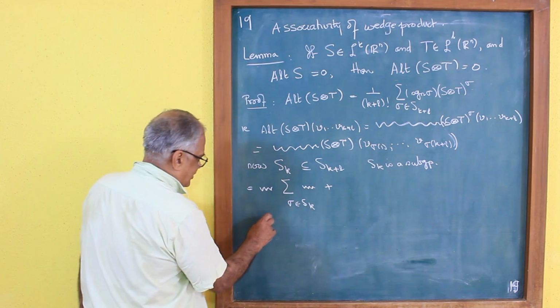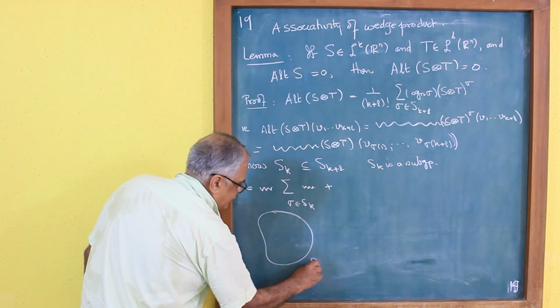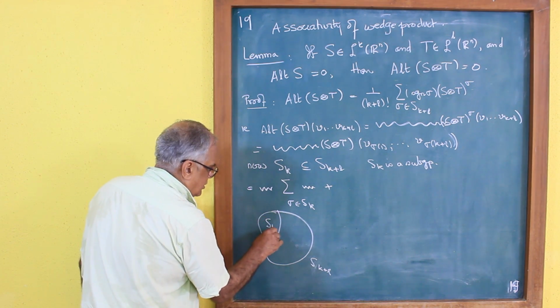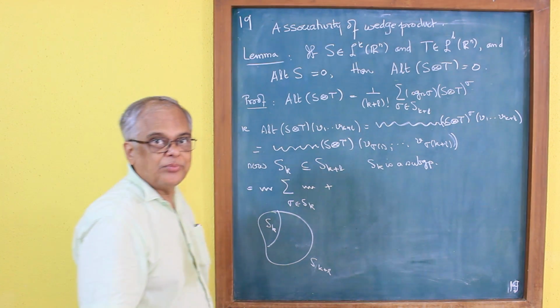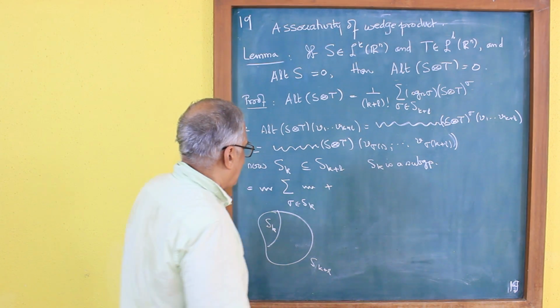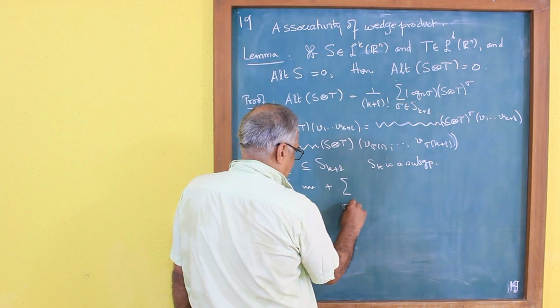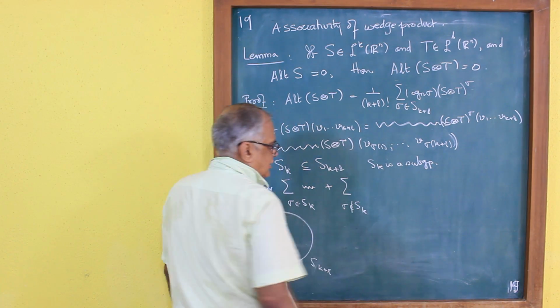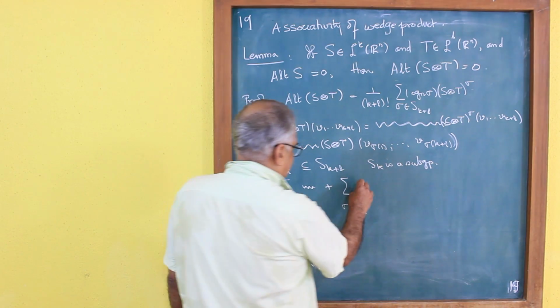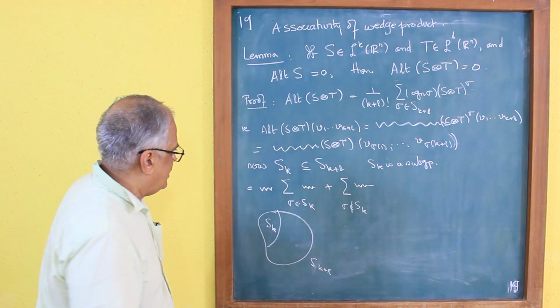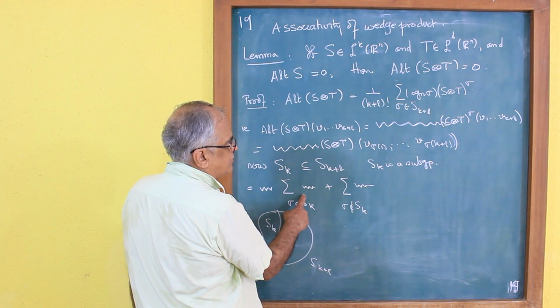So the picture I have here is, this is my Sk plus l, and Sk is a subgroup of Sk plus l. And then I will take the sum over all the sigmas which are not in Sk of the expression that I have here.